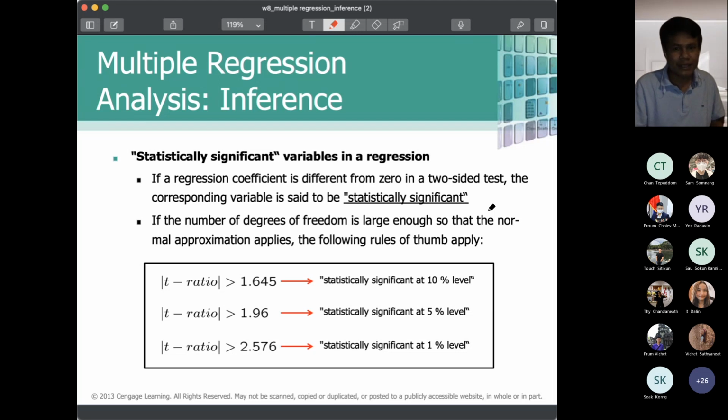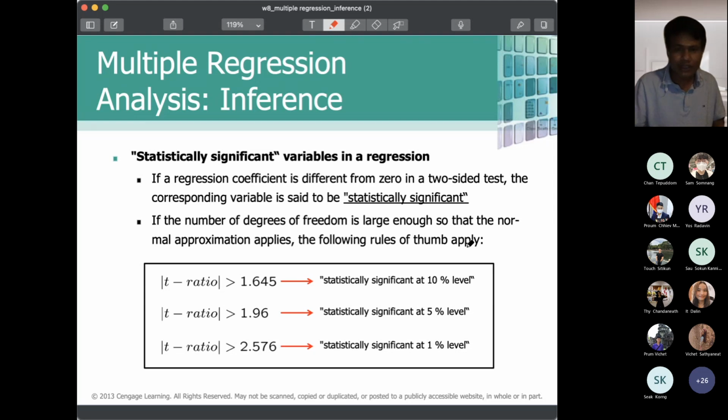If the degree of freedom is large enough that the normal approximation applies, the following rule of thumb can be applied. When you have a large number of observations, you have a large number of degrees of freedom. When we say large enough, I believe it's more than 120.